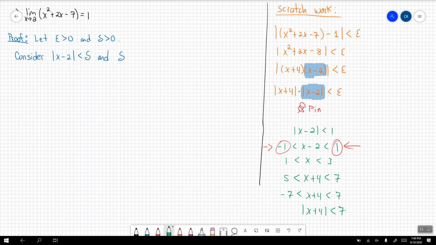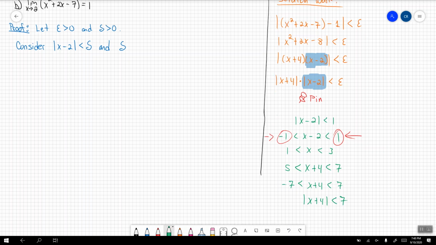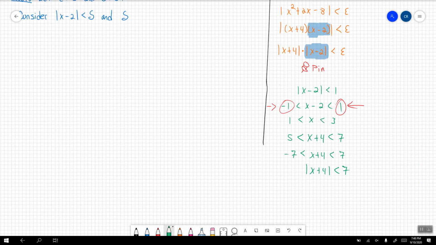Check that out. That is awesome. So now that we have that the absolute value of x plus 4 is less than 7, we can go through and interpret that substitution back where I put the pin in the work. So let's remove the pin.